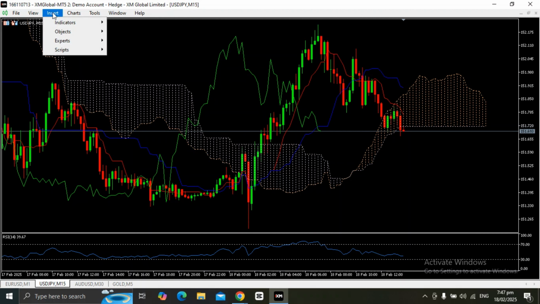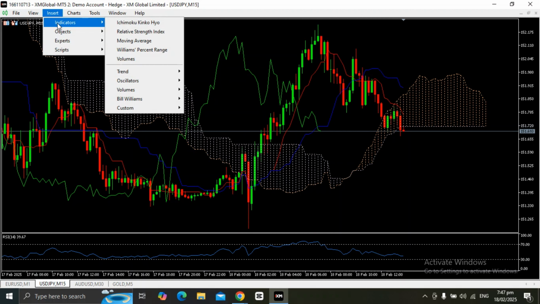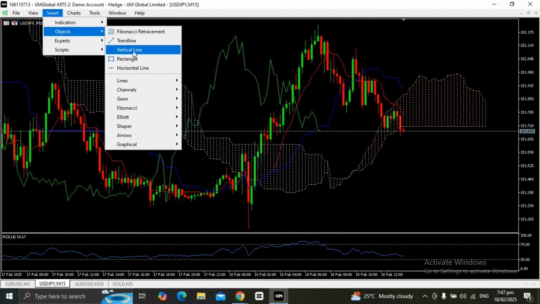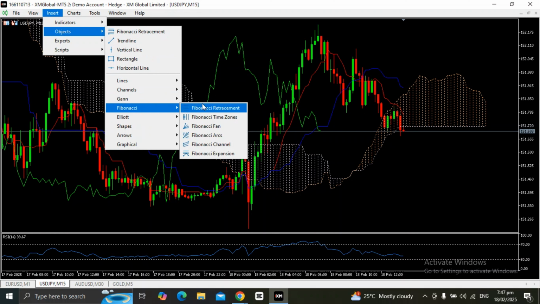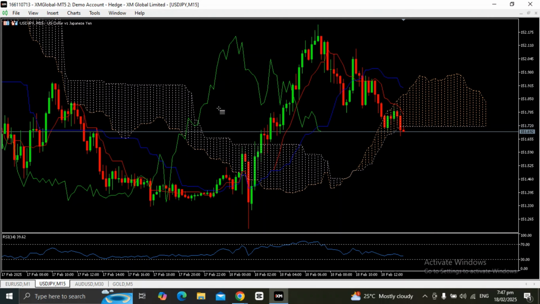So what you will do is you go to Objects, Fibonacci, and then select Fibonacci retracement. Now, in the graph, you will look for a certain dip in price. For example, here, you can check here.